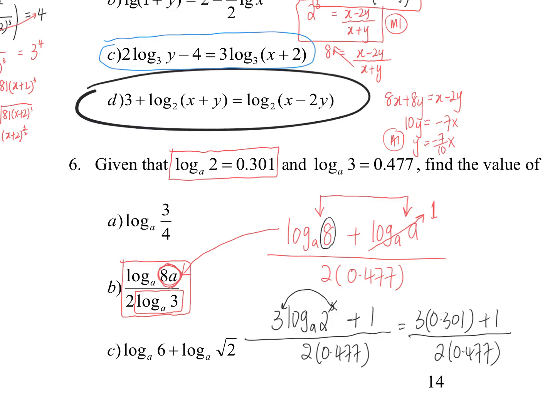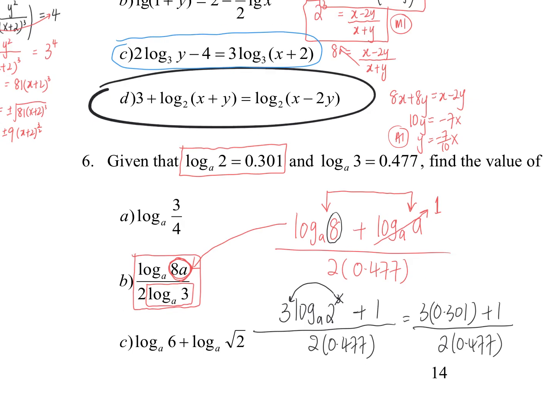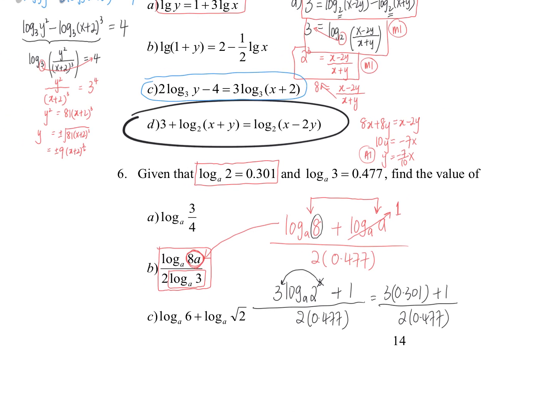You should like ln and log. I don't have a very nice answer though. 1.99. Or if you give me decimal, it's like that. Fraction is like that.